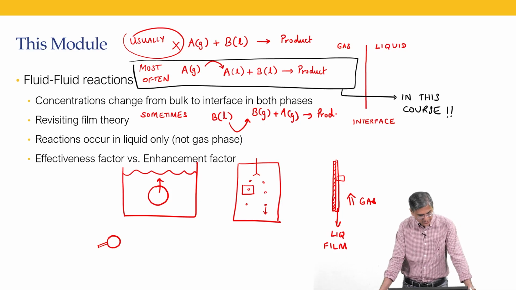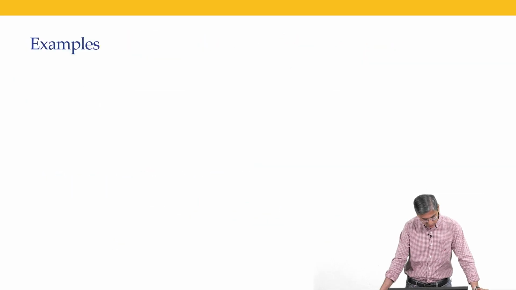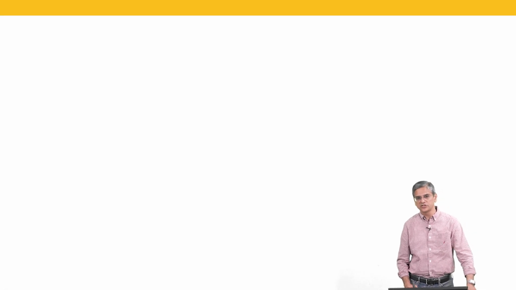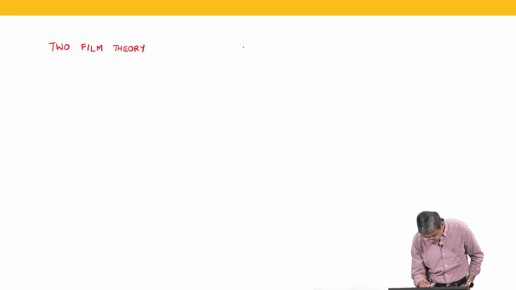Okay. And there are various theories about this. There are 3 branches of theories or 3 major theories. One is called the 2 film theory. The other is called the penetration theory.